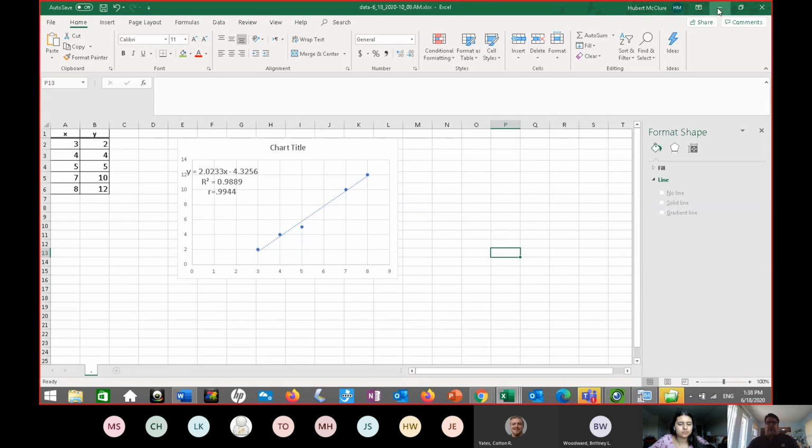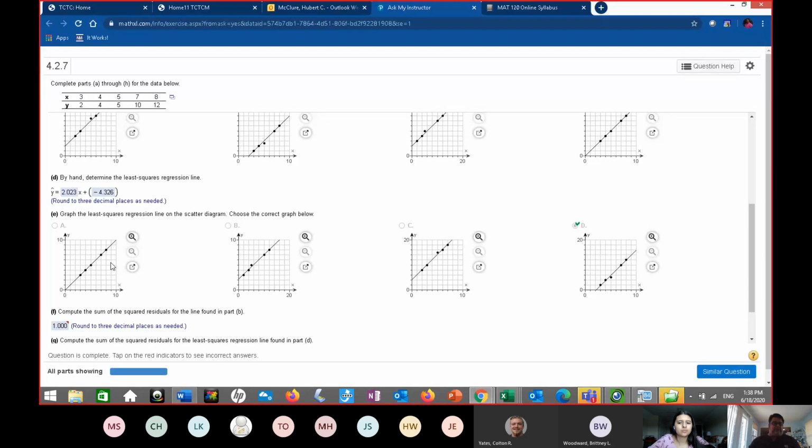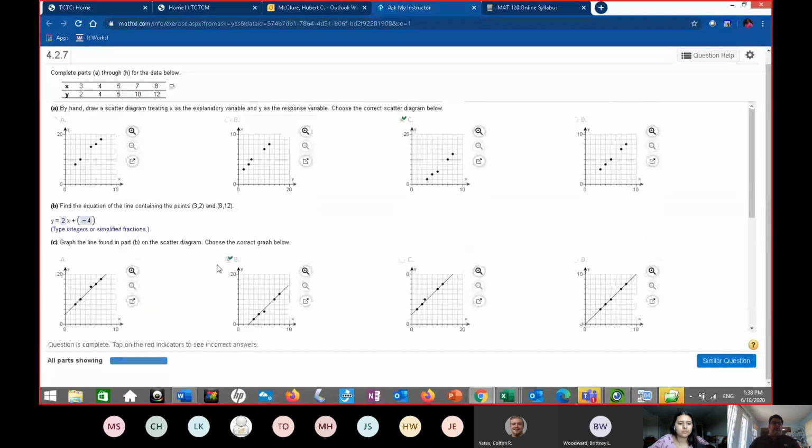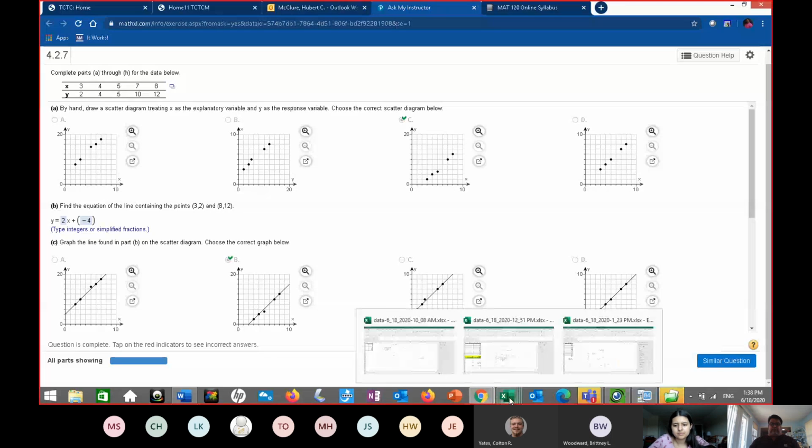All right, so here is the question right there, B. It says use 3, 2, and 8, 12. So I'm going to go back over to the Excel spreadsheet.